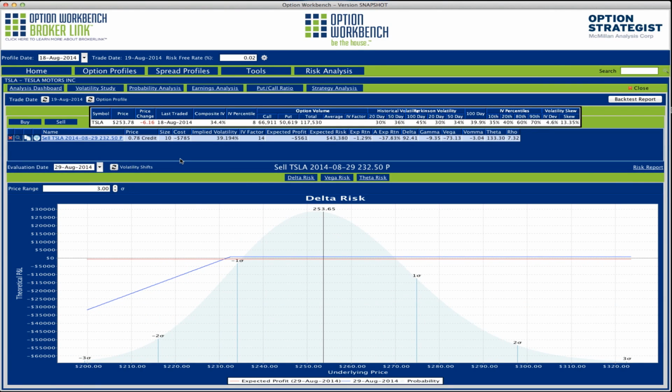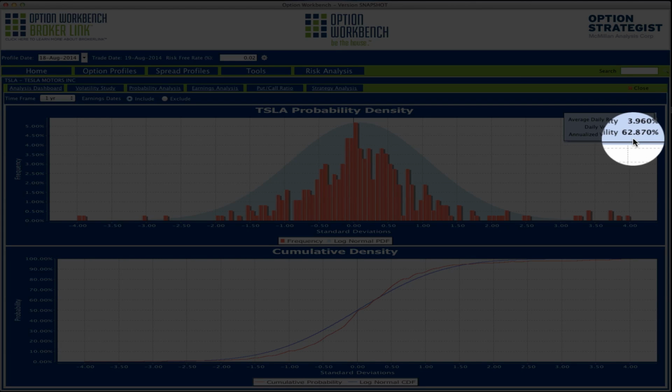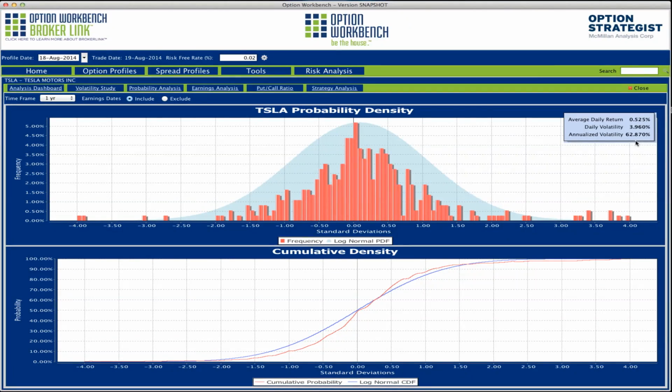One other volatility that I like to look at is the one generated from the fat tail distribution, or the empirical probability distribution. So I clicked on the probability analysis, and what I see here is a probability density using a year's worth of closing prices for Tesla, and we can see that resulted in a 62.8% or 62.9% annualized volatility over the last year.